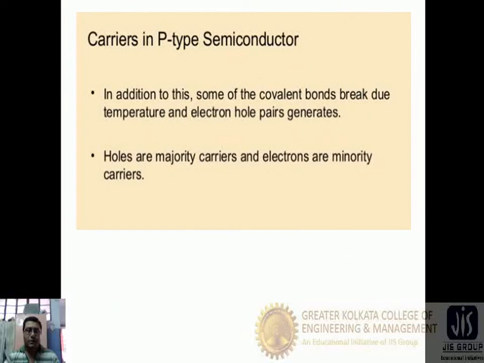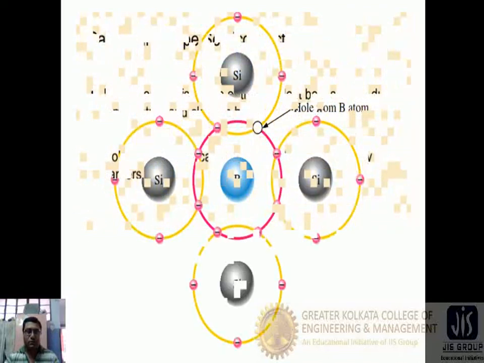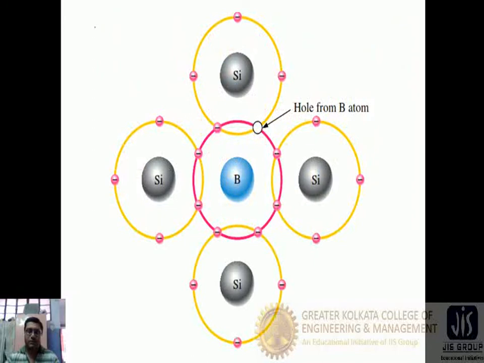In addition to this, some covalent bonds break due to temperature and electron-hole pairs are generated. The holes are the majority carriers and the electrons are the minority carriers. We will explain it with the help of this picture.